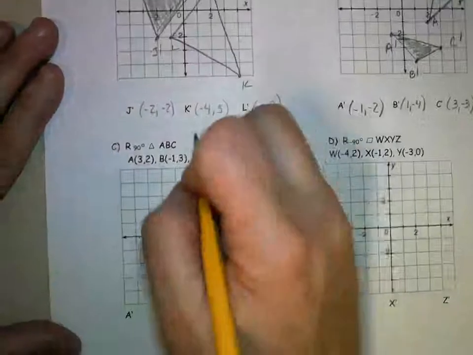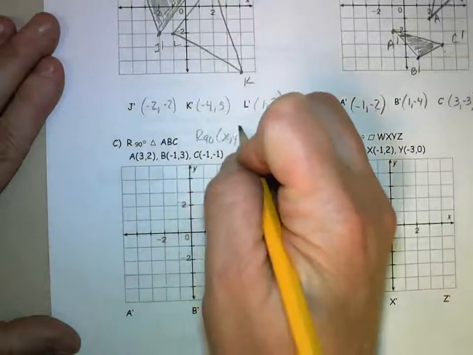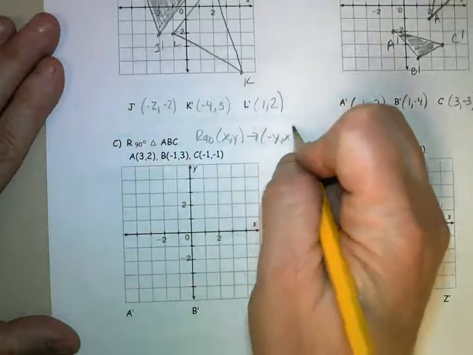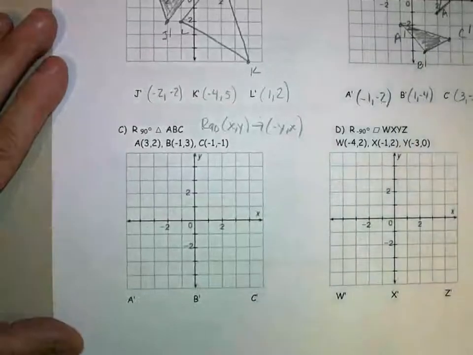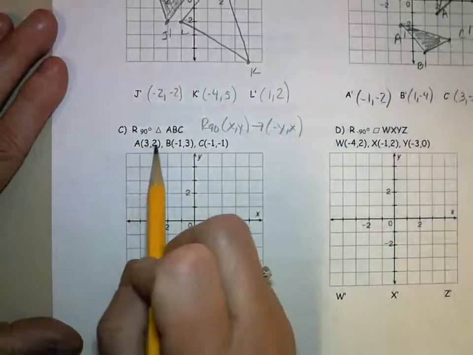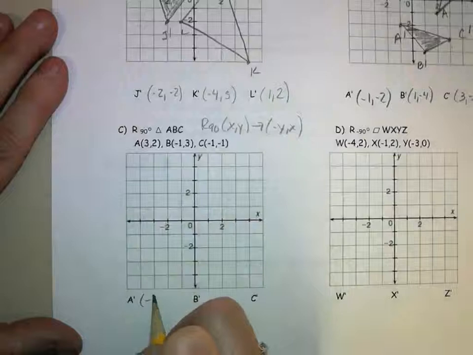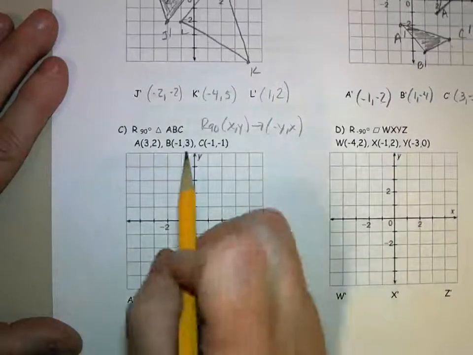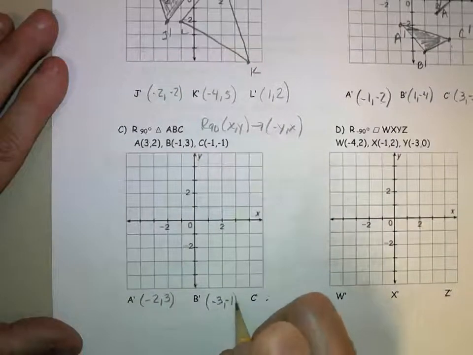Rotation of 90, I'm just going to write the rule here. (x, y) becomes (-y, x). So you flip them around, and then the first one is the negative. So flip these around, and then make the first one a negative, would be (-2, 3). Flipping those around, we would have (-3, -1).